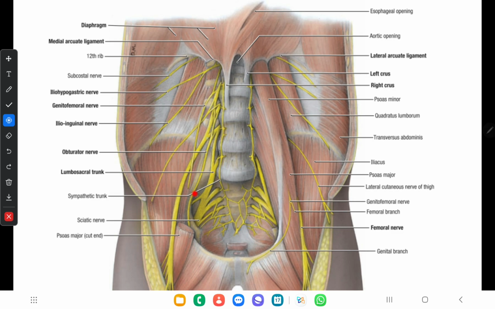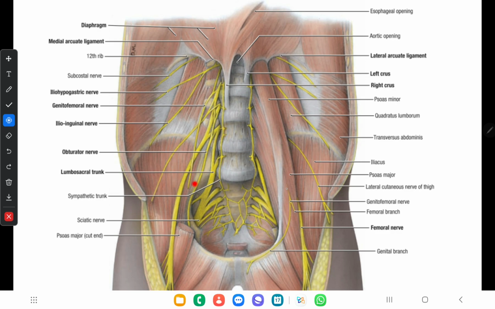As you can see here, the obturator nerve crosses the pelvic brim in front of the sacroiliac joint and behind the common iliac vessels as well. Then it leaves the pelvis by passing through the obturator foramen into the thigh.